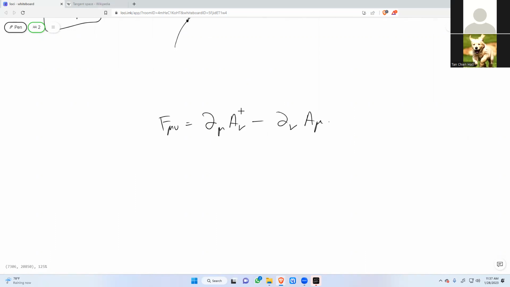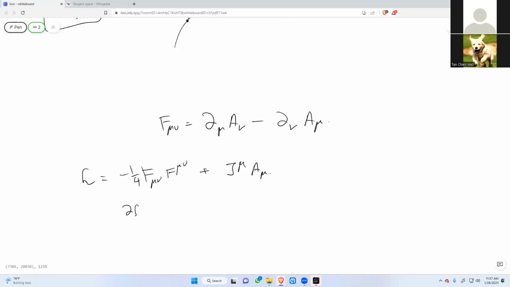And then the annoying thing is that in the Lagrangian there's a term that looks like this, minus 1/4. This is the free case, and of course there's the coupling to source.